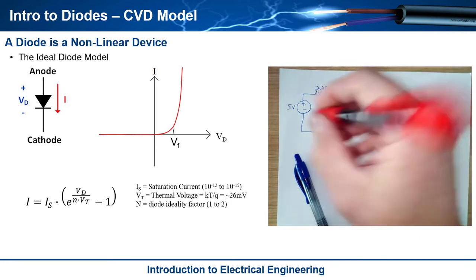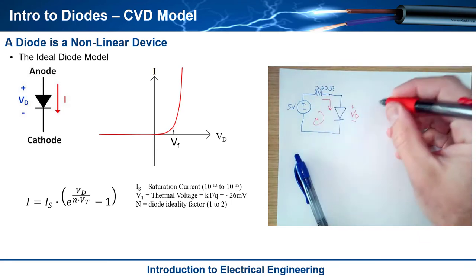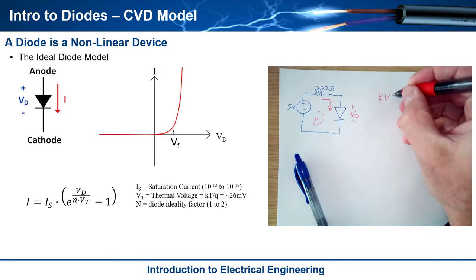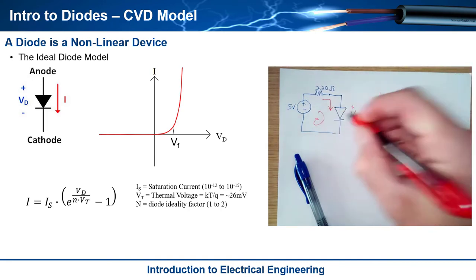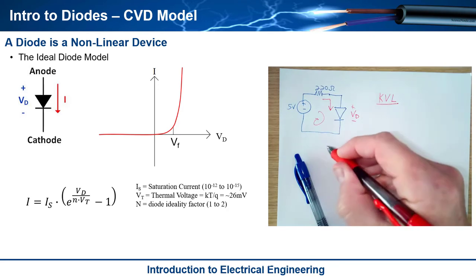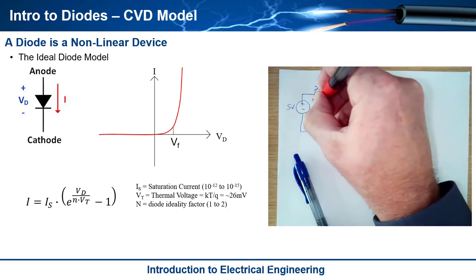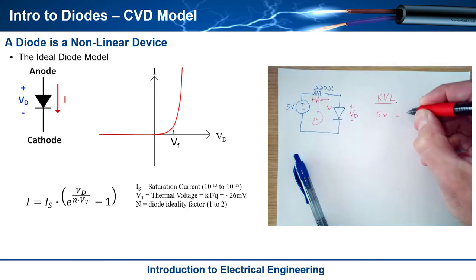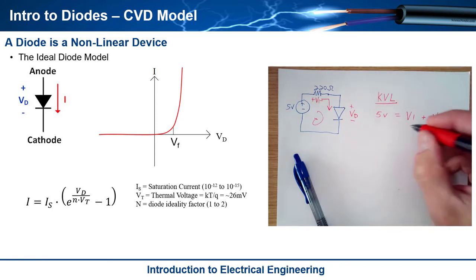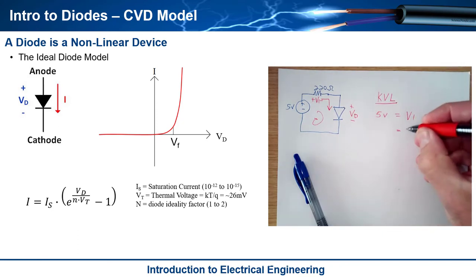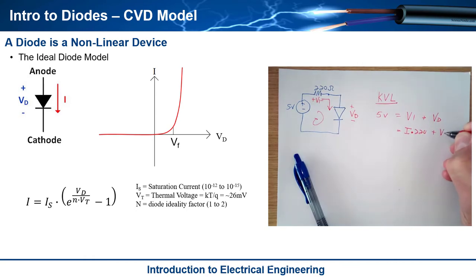So let's write KVL around this loop. I'll say my rise is equal to my drop, so I've got 5 volts as a rise. That's equal to V1 plus VD. And what's amazing about this is that V1 is simply I multiplied by 220, plus VD.